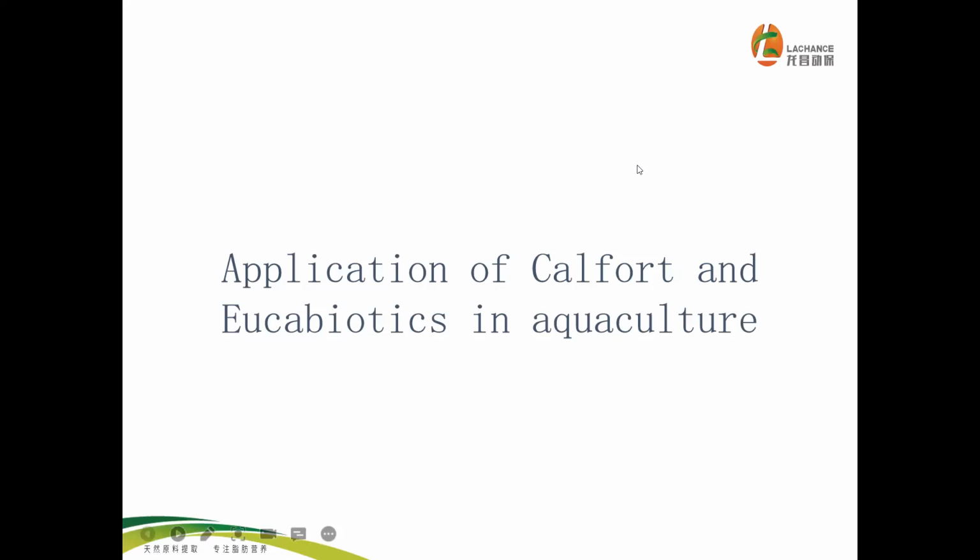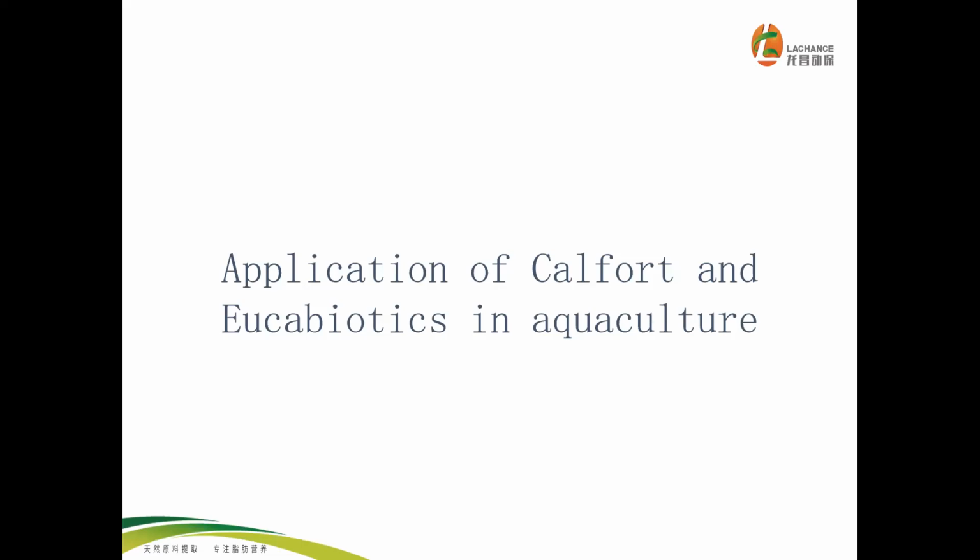Yes, hello, everybody. First, I'd like to say thanks to Dr. Navaneeth for your very useful information, from pond preparation to how to prevent and treat EHP in shrimp farming.